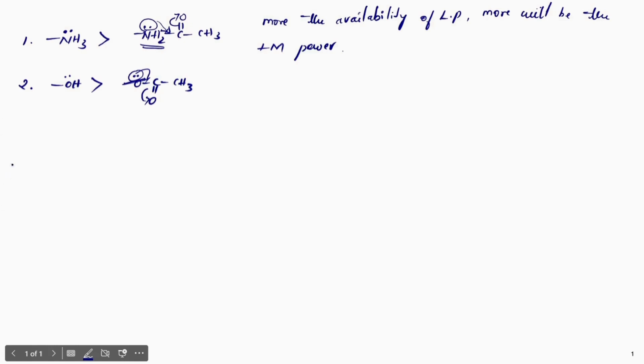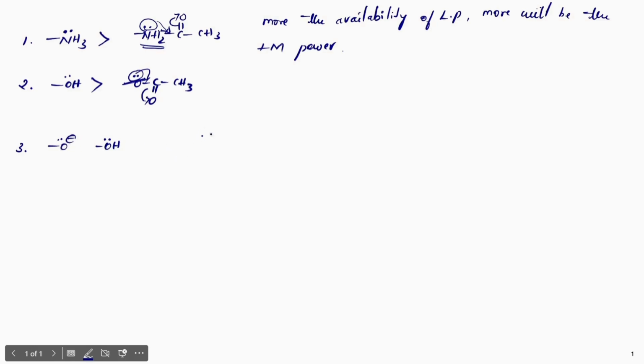Consider one more example, O minus and OH. Here oxygen has a lone pair of electrons along with a negative charge, whereas in OH oxygen has only a lone pair. The negative charge indicates electron density.